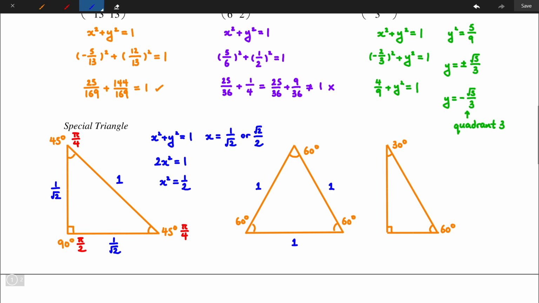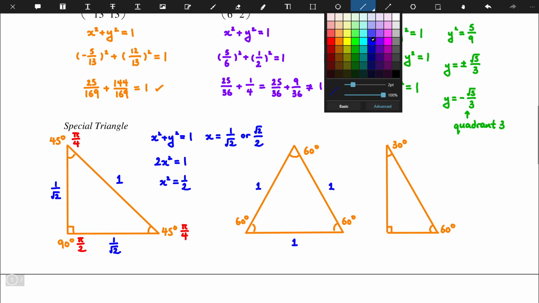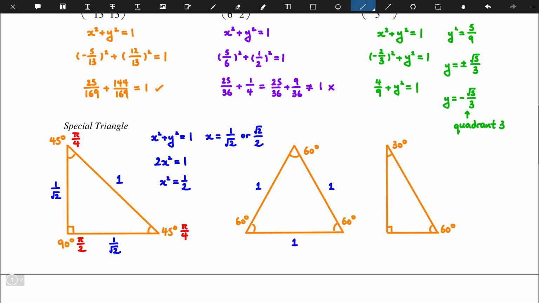And what happens is we'll end up cutting this triangle in half, like so. And of course, this will be a right angle. So notice that since the base is cut in half, each side is only 1/2.